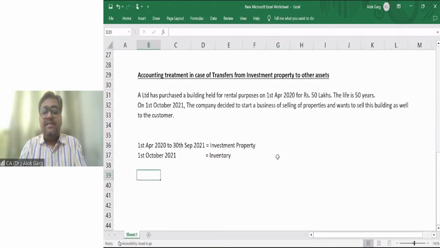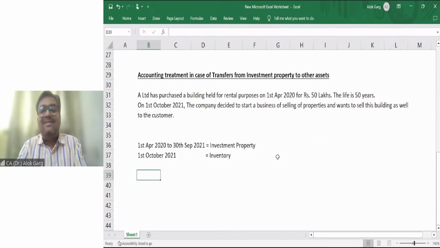Now the question arises, sir, it is getting transferred from investment property to inventory. Now what is the value? What is the value of transferring this investment property to inventory?